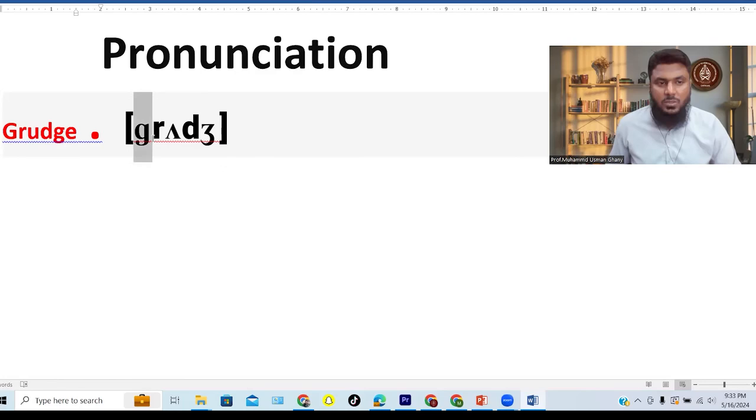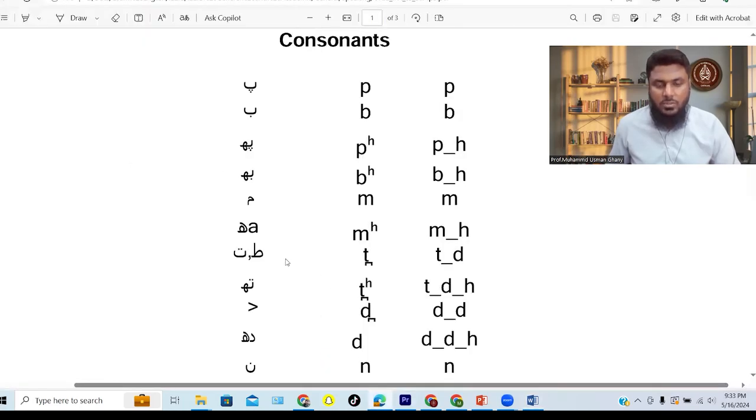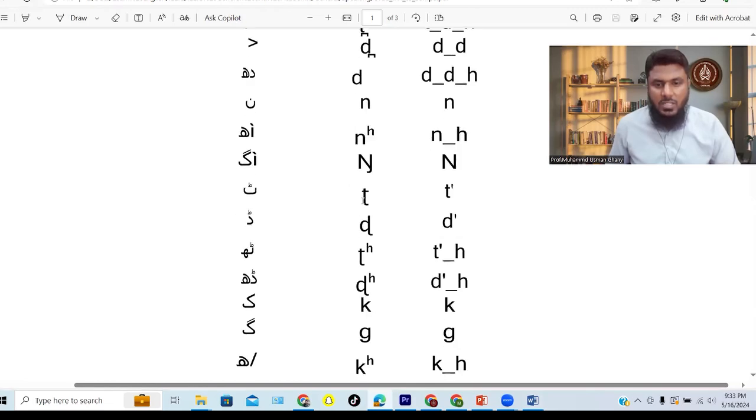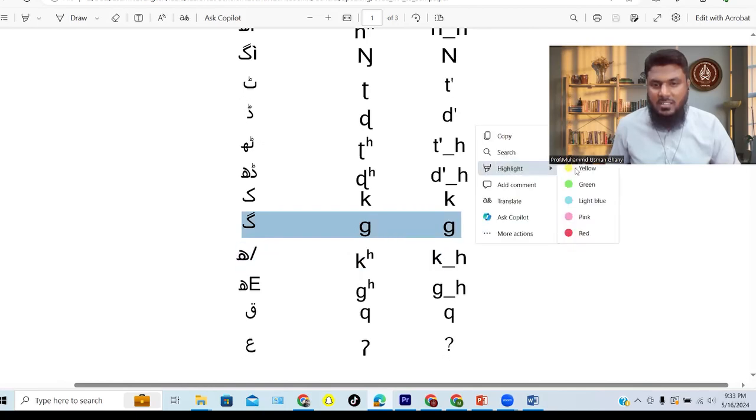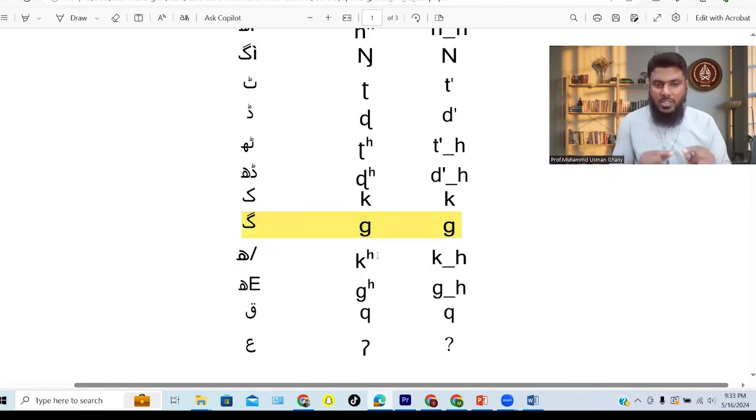For example, G, what does this sound stand for? Let us go back and find out. G sound, let us find it here. This one. This stands for G. Hidayat Khan, do you get my point? Yes, sir. Yes, it is the G sound.